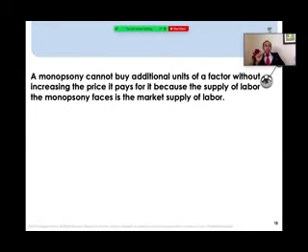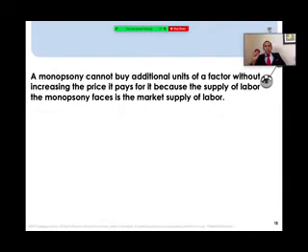The monopsony cannot buy any additional units of factors, in this case labor. Think of factors as the resources that a firm needs to produce a good or service. If we're using resources such as people and individuals, we're using labor.